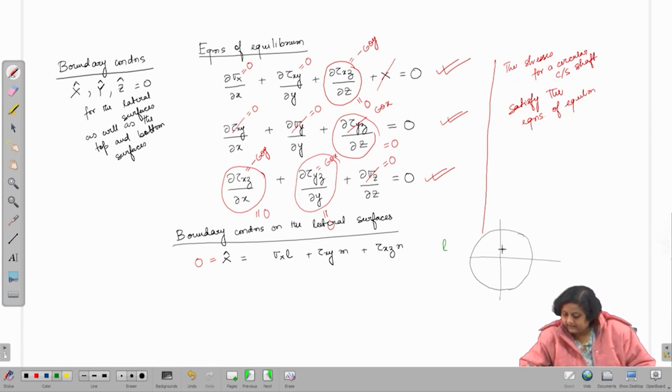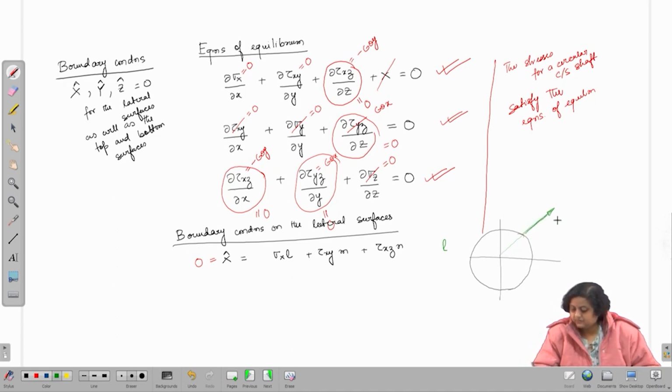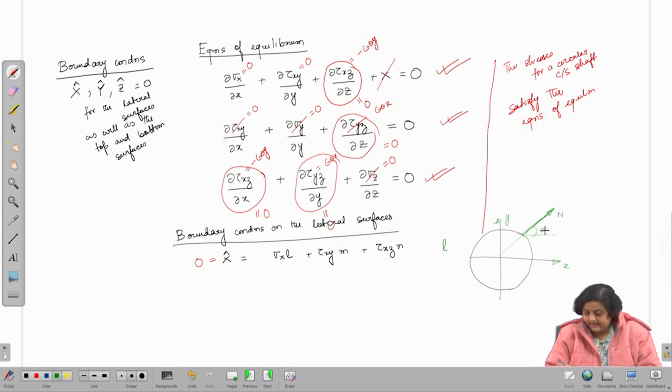So, for lateral surfaces, this is the direction of the normal. This is n, the normal to the surface, this is the x axis and this is the y axis. So, let n make an angle alpha with the x axis. Now, what is L?